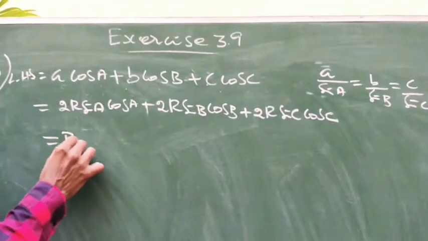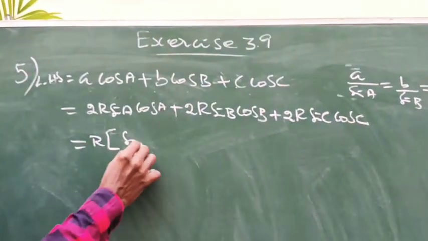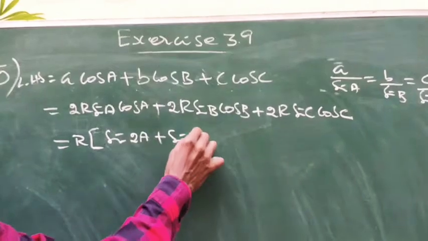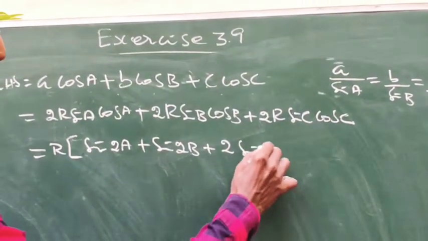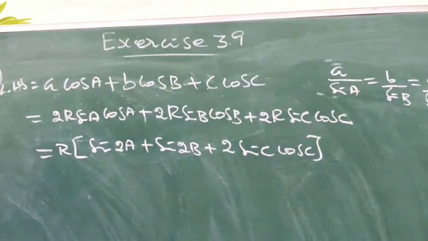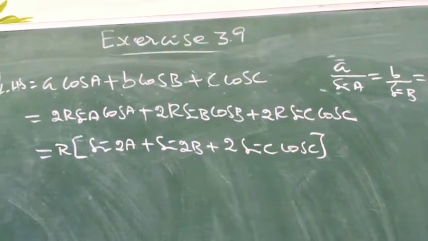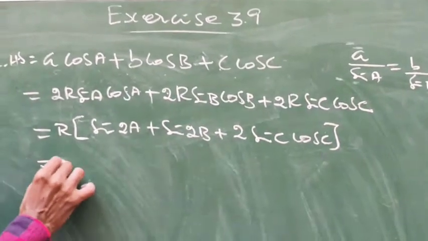So r is common, take it outside. Remaining 2 sin a cos a is sin 2a. Similarly 2 sin b cos b is sin 2b. For the last term keep it as sin 2c, no need to change, because we are going to take sines in common. So r into (sin 2a plus sin 2b plus sin 2c). Combine the first two terms.